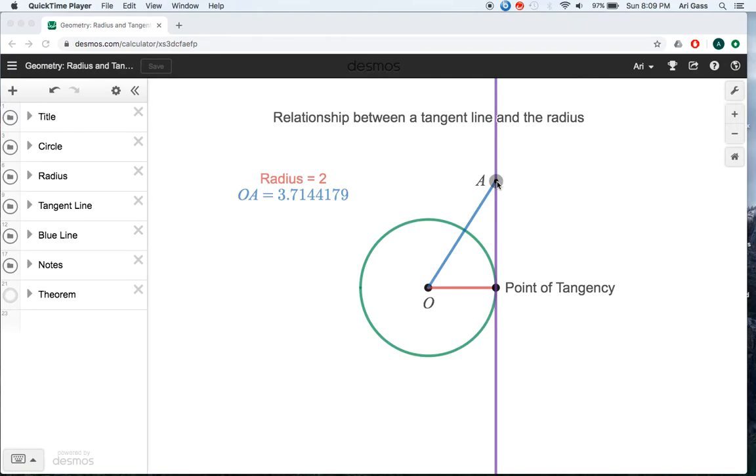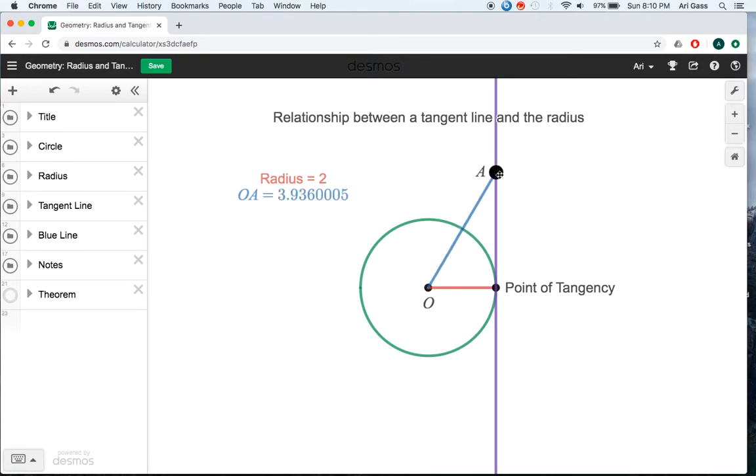So what I'm going to do is animate this a little bit, and we're going to see that any point, no matter where A is, any point along this purple line has a distance that's more than 2 units away.